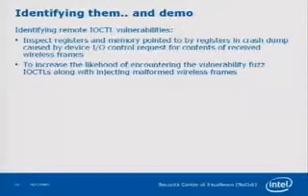I haven't managed to implement it yet, so I do it only manually. That's a challenge. And to increase the likelihood of encountering this type of vulnerability, the penetration tester needs to fuzz I/O control codes along with injecting malformed wireless frames. This will increase the likelihood that the vulnerability actually can be triggered during the fuzzing process.